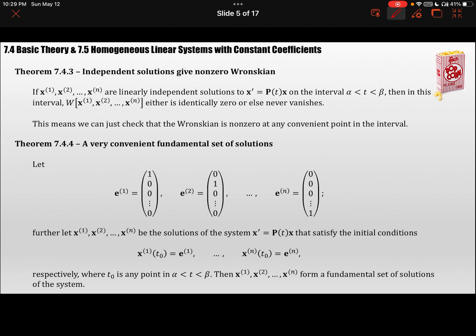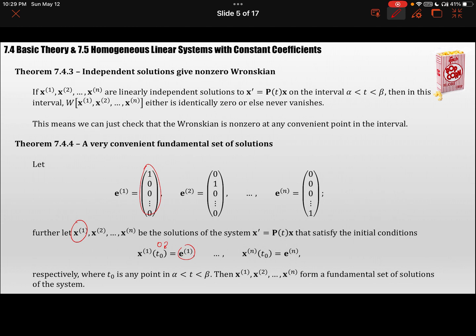And by initial conditions, what we mean is if you plug 0 into your solution vector, or whatever your start value of t is, t0, which is most often 0, then if you plug 0 in for t in the first vector, you'll get this vector.